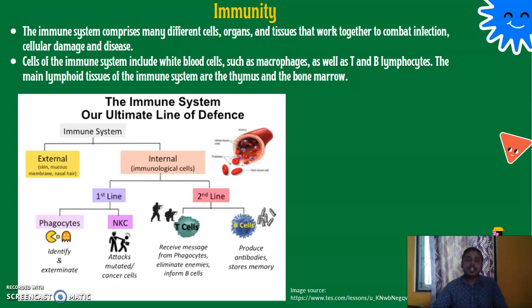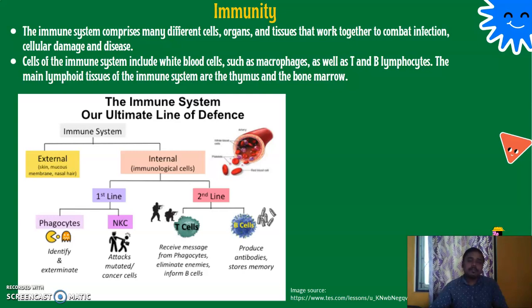The main lymphoid tissues of the immune system are the thymus and the bone marrow. So basically, the immune system has different cells, organs and tissues that join together, in collaboration, to protect our bodies against disease-causing microorganisms.